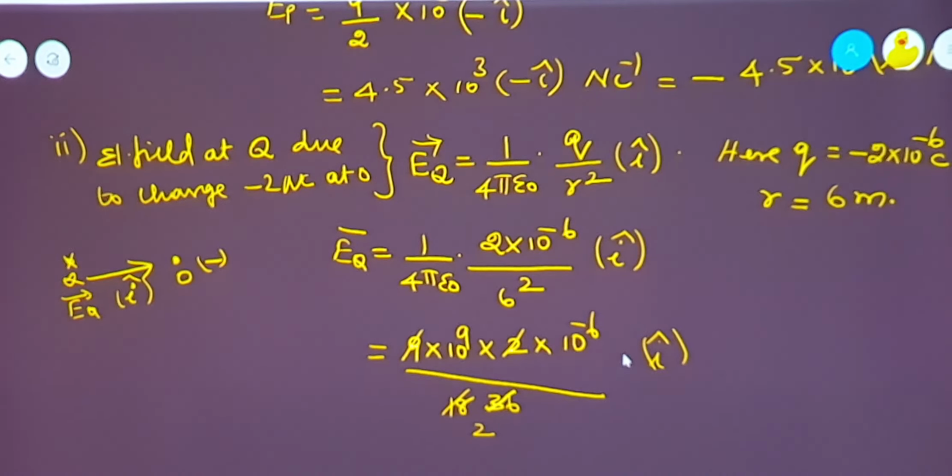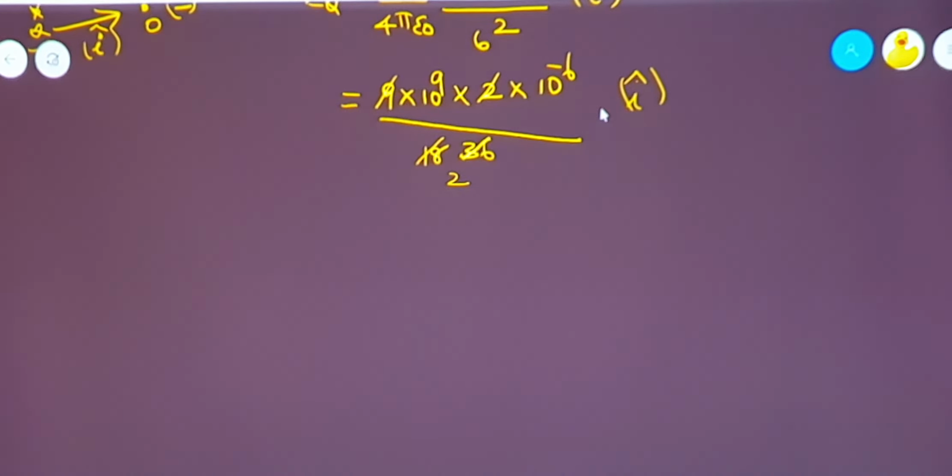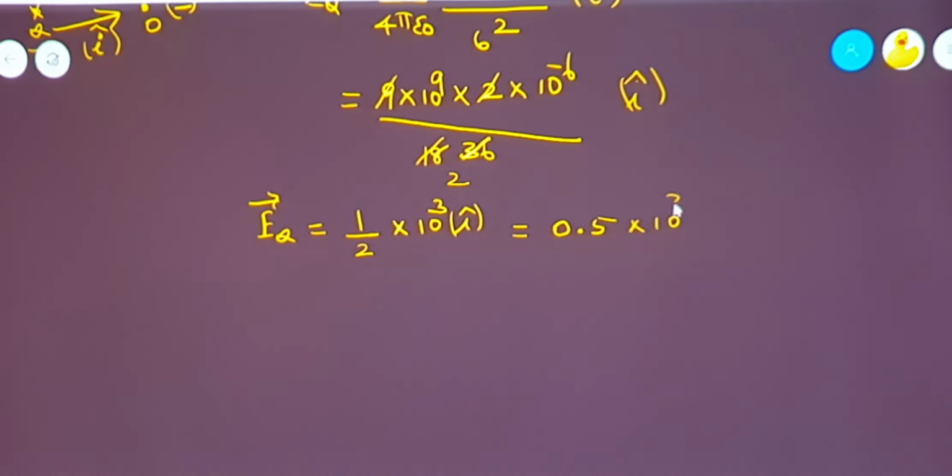So on simplifying, EQ vector is equal to 1 divided by 2 multiplied with 10 to the power of 3 I cap. What is this 1 by 2? It is 0.5 into 10 to the power of 3 I cap Newton per coulomb.